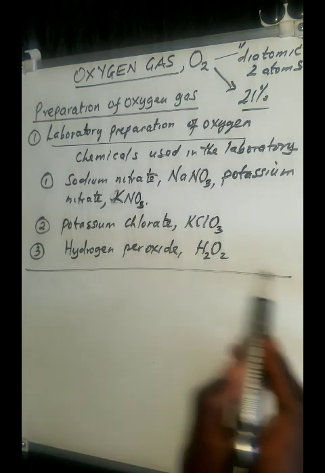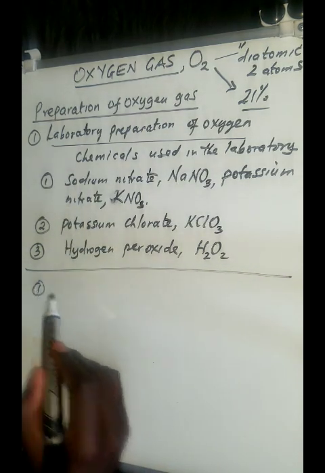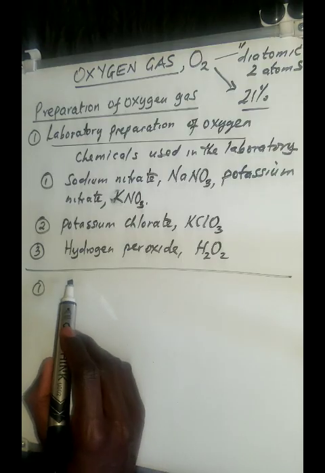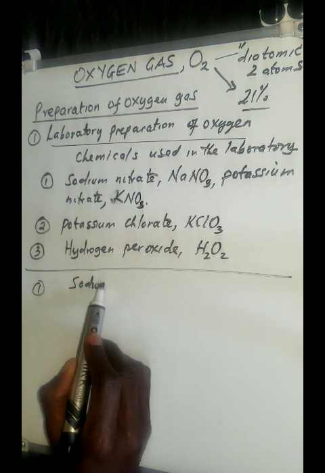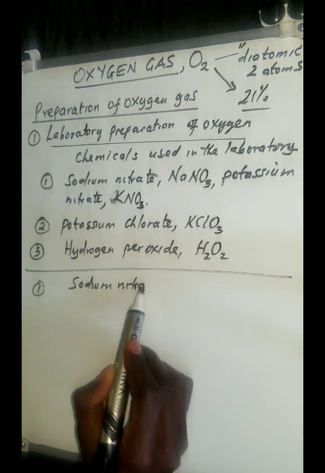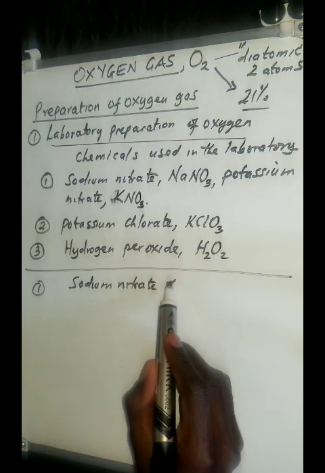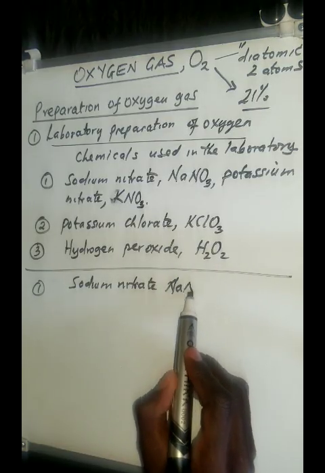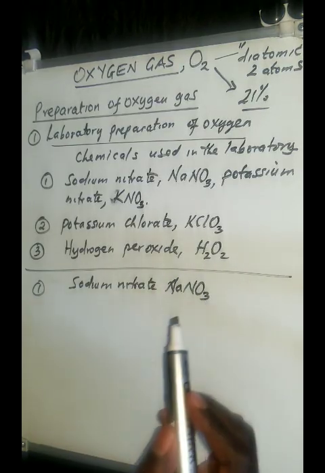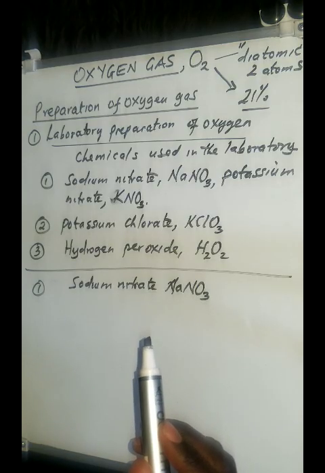Let's start with when you are using sodium nitrate and potassium nitrate. What do you need to do in order for you to obtain oxygen? Well, it is very simple.